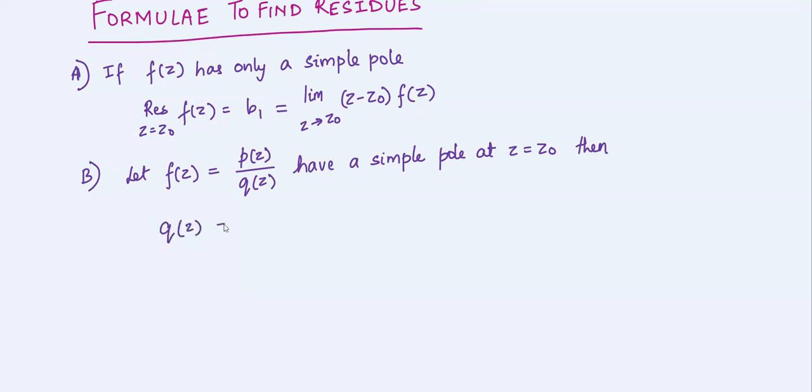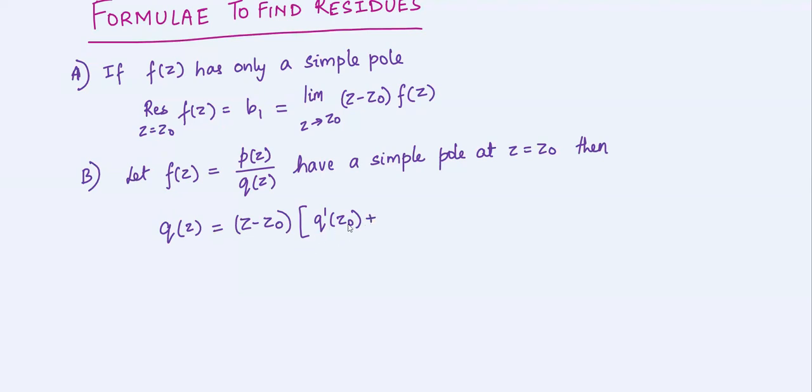Then this denominator, suppose it is a big fraction, but it has a simple pole. The denominator can be written like this: z minus z naught times q dash of z naught.